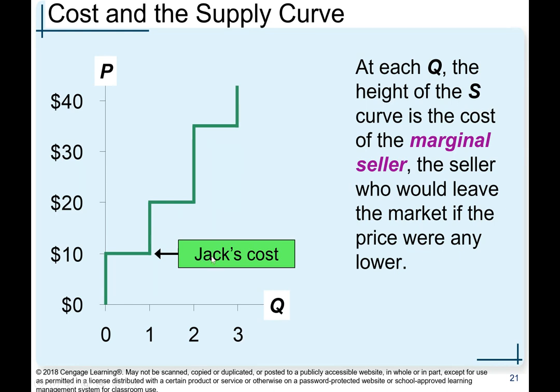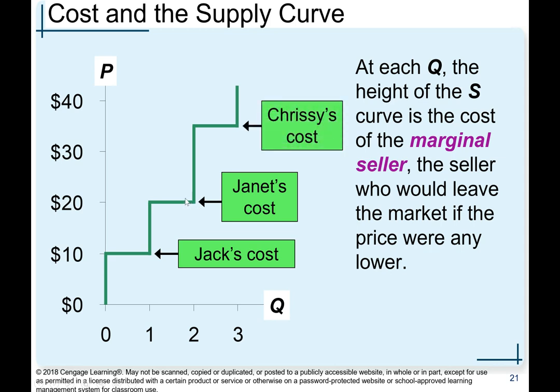Anything lower than that, Jack is out of this market. So at that point, Jack is the marginal seller. Janet is a marginal seller at $20. You offer $19, Janet is not accepting it. And Chrissy is a marginal seller at a higher price, I think it was 35.